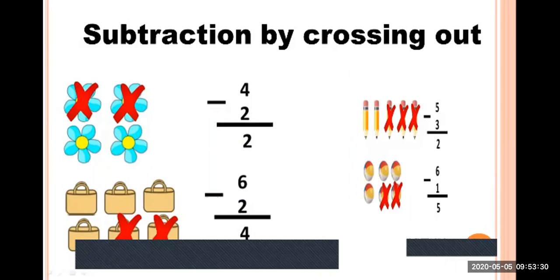Then here are 6 logs. 2 have been crossed out. And how many are left? 1, 2, 3, and 4. 6 minus 2 is equal to 4. This is how we do subtraction by crossing out.